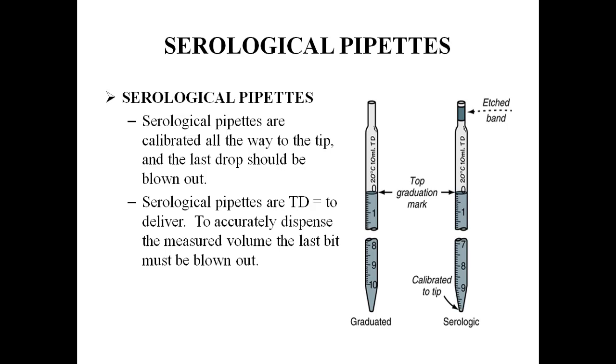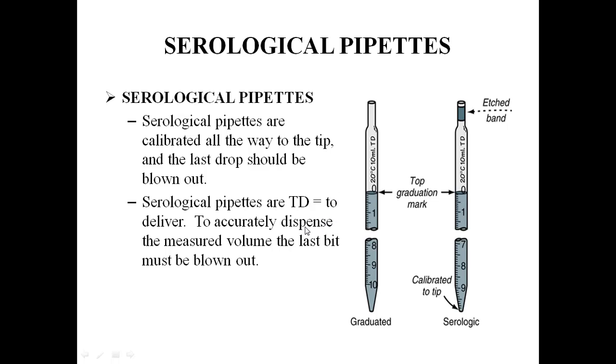Serological pipettes are calibrated; you can see over here, these pipettes have calibration all over from the beginning to the tip. But in the case of the Mohr pipette, you have calibration marking from 0 to 10, and this is the leftover volume which remains in the pipette after delivery.